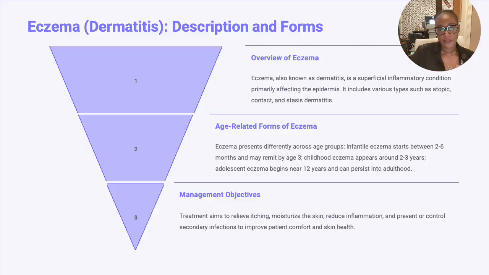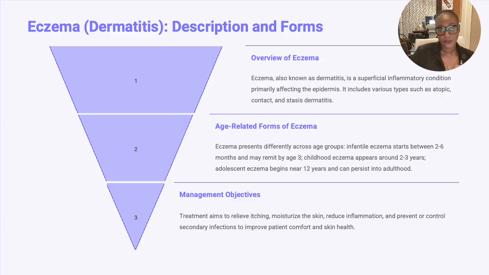So forms of eczema: infantile, which usually begins at about 2 to 6 months of age and decreases in incidence with aging. As they get older, sometimes this decreases or improves, and spontaneous remission may occur, typically by the age of 3.